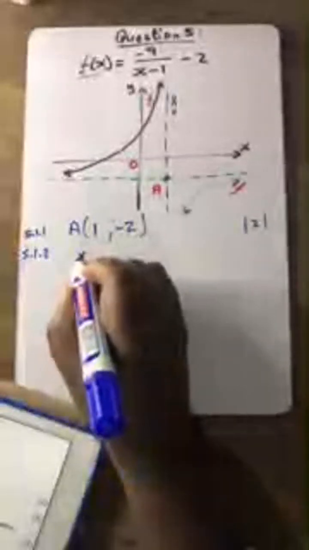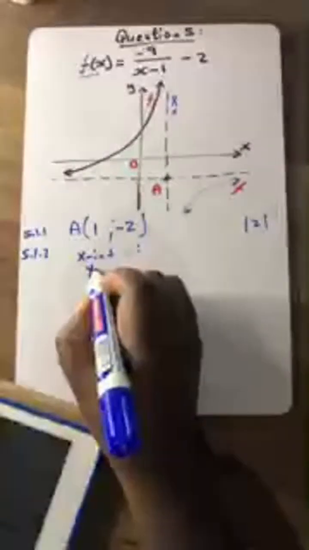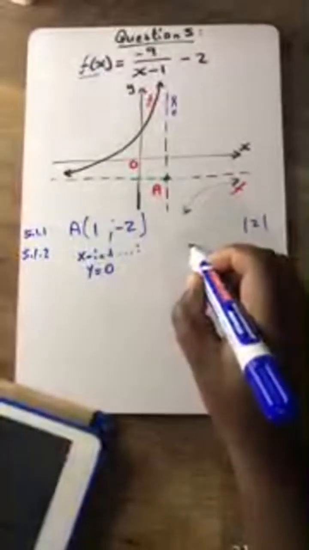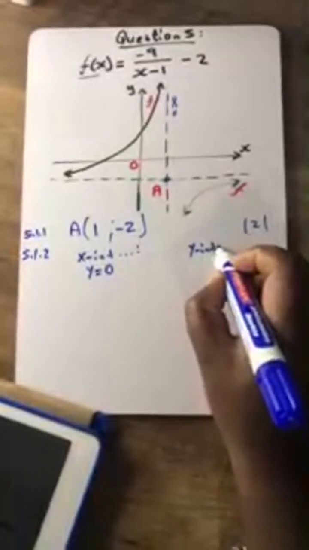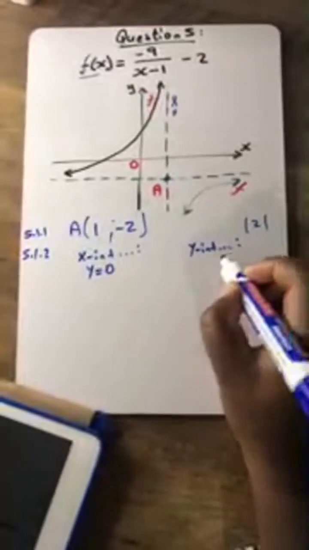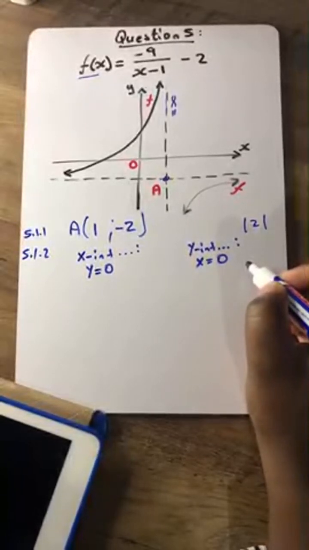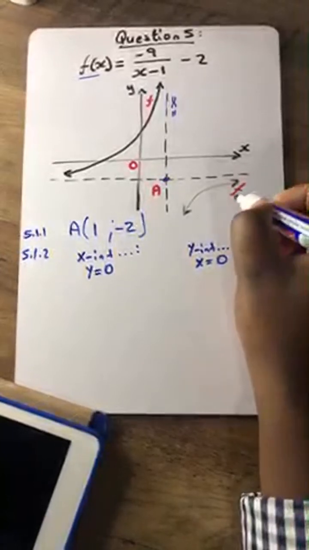So that means we do know very well that when it comes to the x intercept, that's where we say y is equals to 0. And again, when it comes to the y intercept, that's where we say x is 0. Remember, they are talking about that function of f.